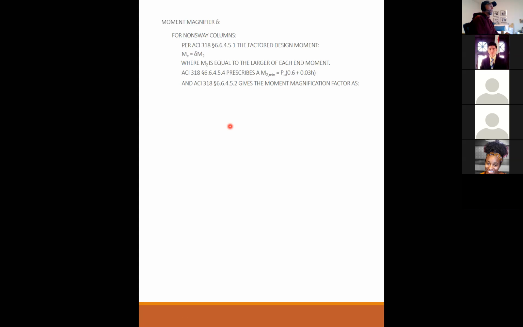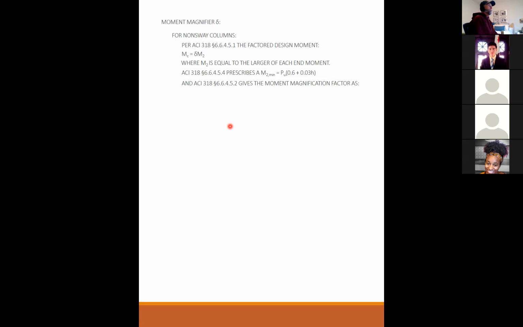If you had exactly zero moment, it's never going to buckle, because buckling is the amplification of the applied moment, and a million times zero is still zero. But you never actually have a column with exactly zero moment.